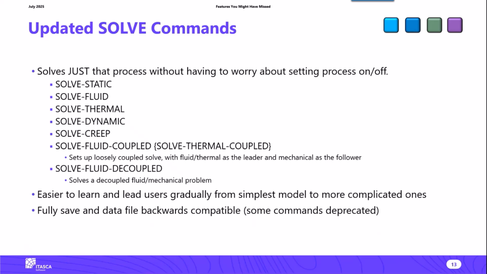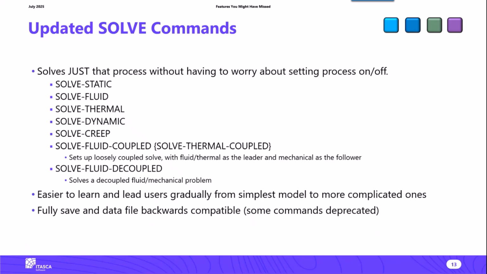So solve static, solve fluid, solve thermal, solve dynamic, solve creep, and then we can get a little bit more complex and have combinations. We can do solve fluid coupled or solve thermal coupled for a thermal analysis. This sets up loosely coupled solves with fluid or thermal as the leader and mechanical solutions as the follower. There's also a solve fluid decoupled, which solves a decoupled fluid mechanical problem.